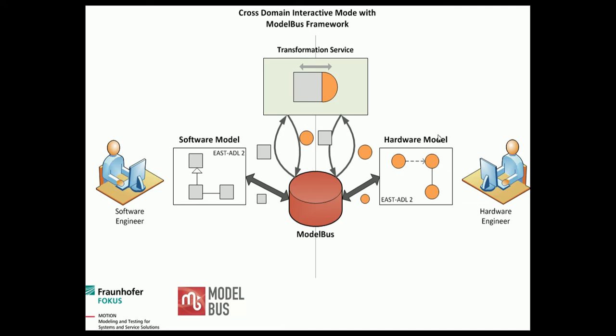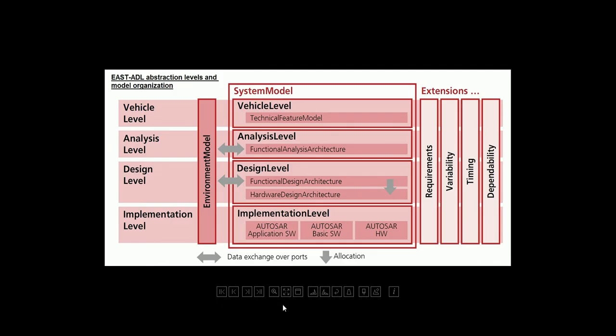The arrows give you a first idea about the data flow in our scenario. Looking at the abstraction levels defined by EAST-ADL2, the engineers are at the design level. This picture shows you an overview of all abstraction levels, and here is the design level.